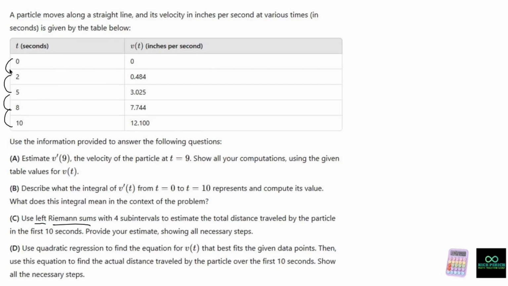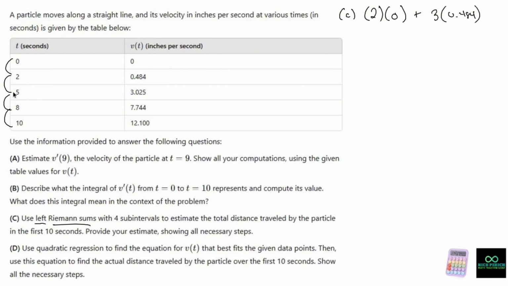So this interval is 2 minus 0, which is 2 units in length, and we multiply the left side of it, which is 0. Plus the second interval is 5 minus 2, which is 3 units in length, and we multiply the left side of it, which is 0.484. So we will want our calculator for this guy.